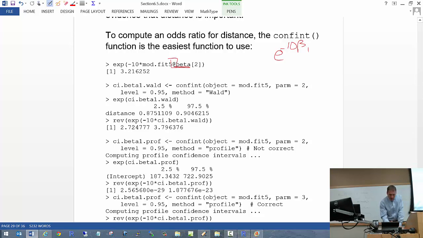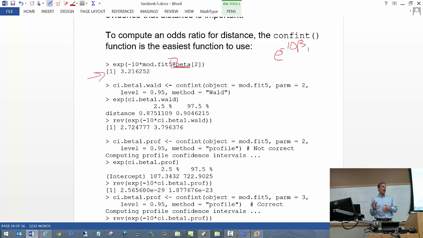If you do the calculation, then you get 3.21. What that says is that the estimated odds of a success are 3.21 times larger for every 10 yard decrease in the distance. Now, this is also conditional on, please understand this, a little bit different from what we saw in chapter 2.